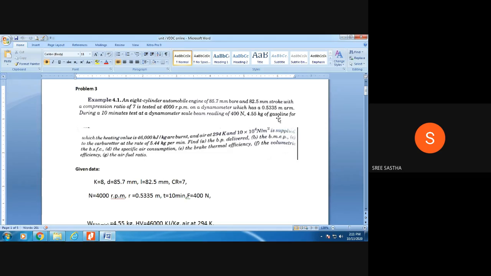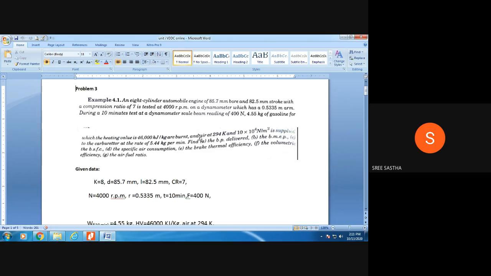4.55 kg of gasoline, for which the heating value is 46,000 kilojoule per kilogram, is burnt. So 4.55 kg is the mass of fuel burnt in 10 minutes, and the heating value is 46,000 kilojoule per kilogram.